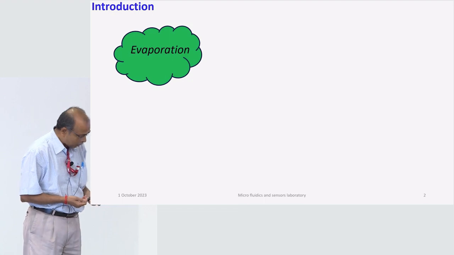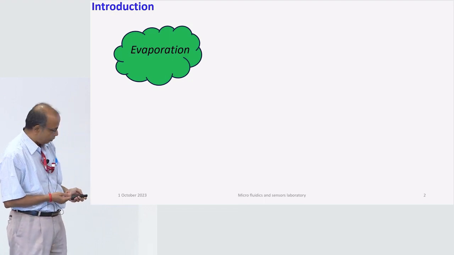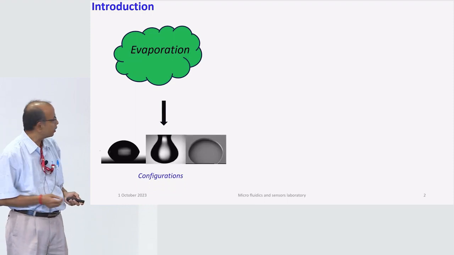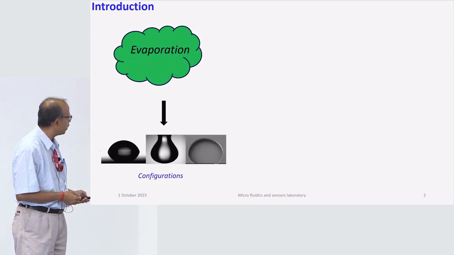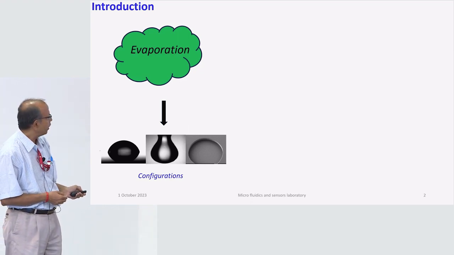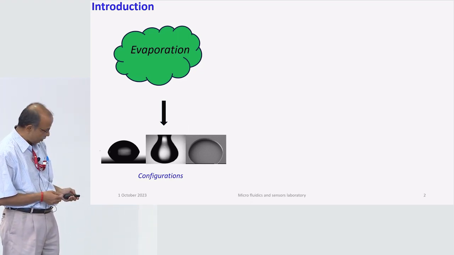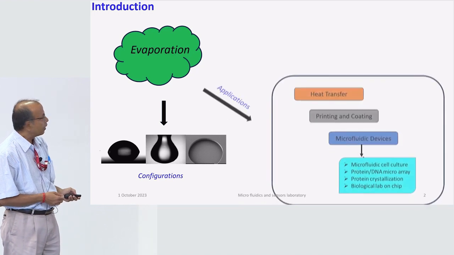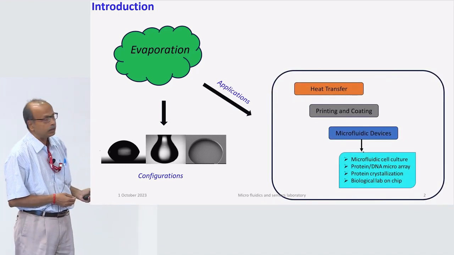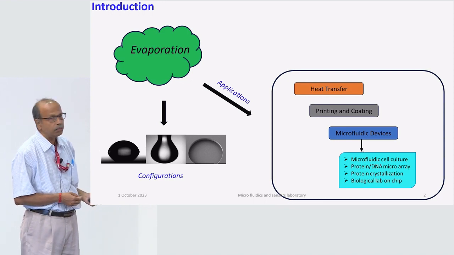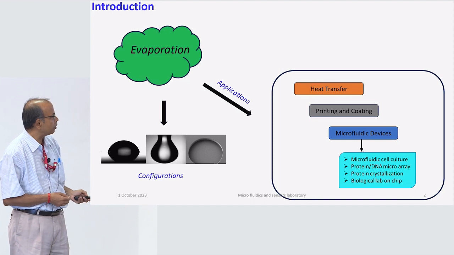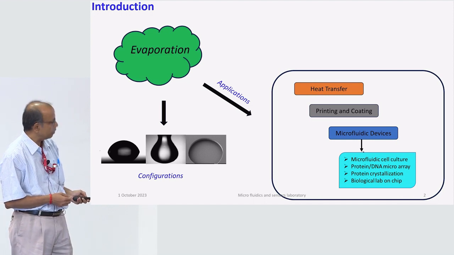And just to get started, evaporation is taking place in many systems. I am showing you here that we start from a sessile droplet, a hanging droplet, and then a well, and I am talking about this well today. This has many applications, starting from heat transfer, printing, and many microfluidic devices, like cell culture and microarray protein crystallization.